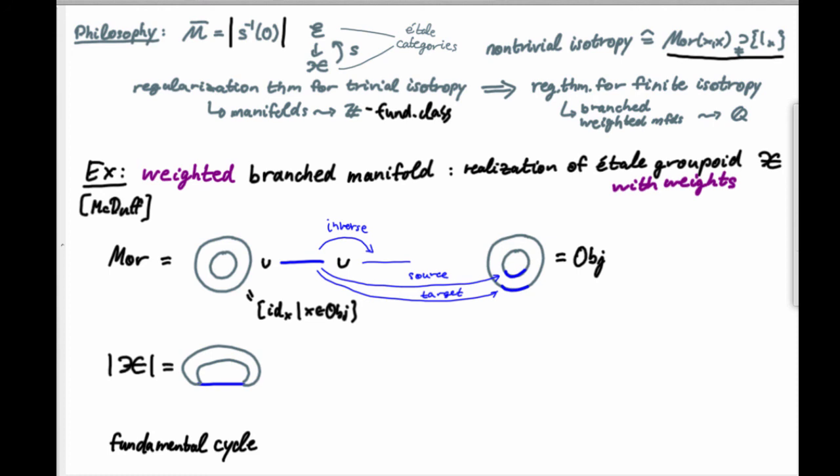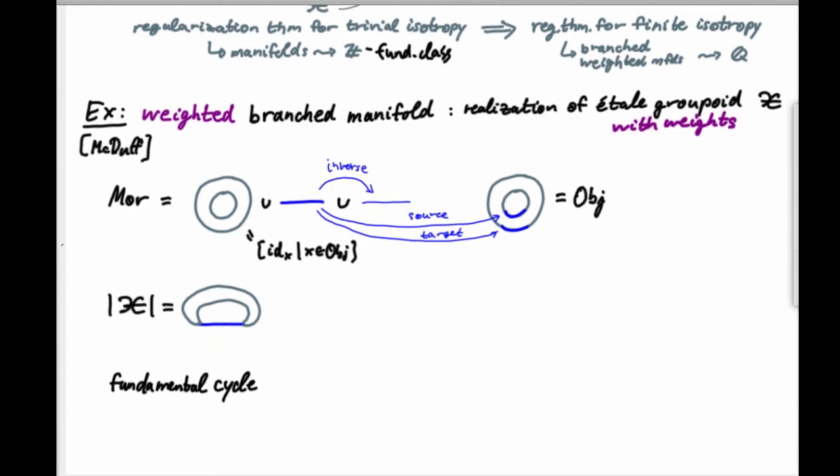Your perturbed zero sets will not be manifolds anymore. They also won't be orbifolds, but they will be branched weighted manifolds, and they will have rational fundamental classes, which I will do in the last 2 minutes.